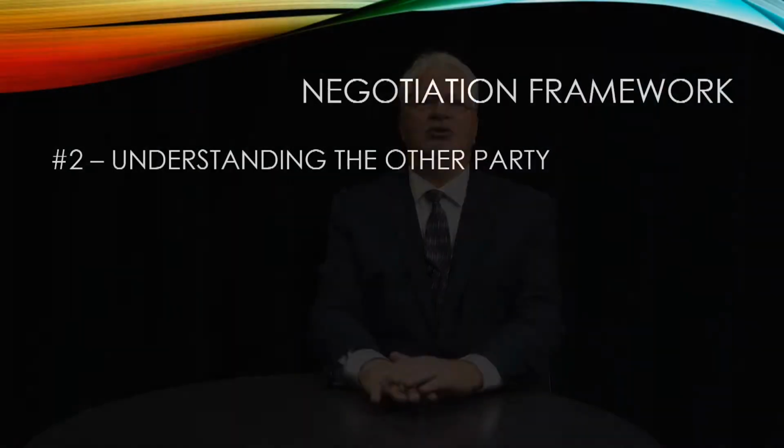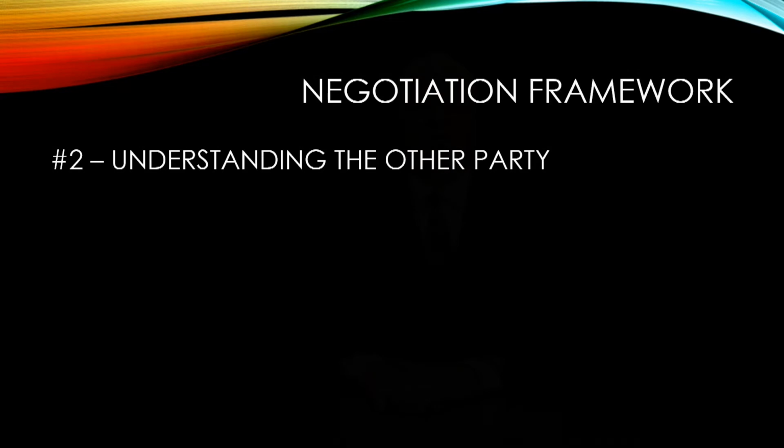The second part of the negotiation framework is understanding the other party. The other party also has goals, and it's useful for you to be able to estimate or anticipate what these goals are. One way to find that out is through research, another is through direct communication with the other party.